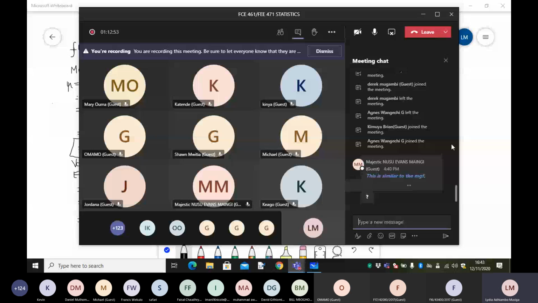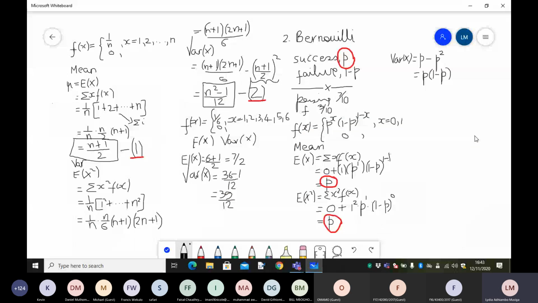Okay. Somebody is asking whether this is similar to the MGF. Last time we looked at the MGF technique and we were able to get the mean and variance using it. Remember, for the MGF technique, M_X(t) is equal to the expectation of e raised to tX.